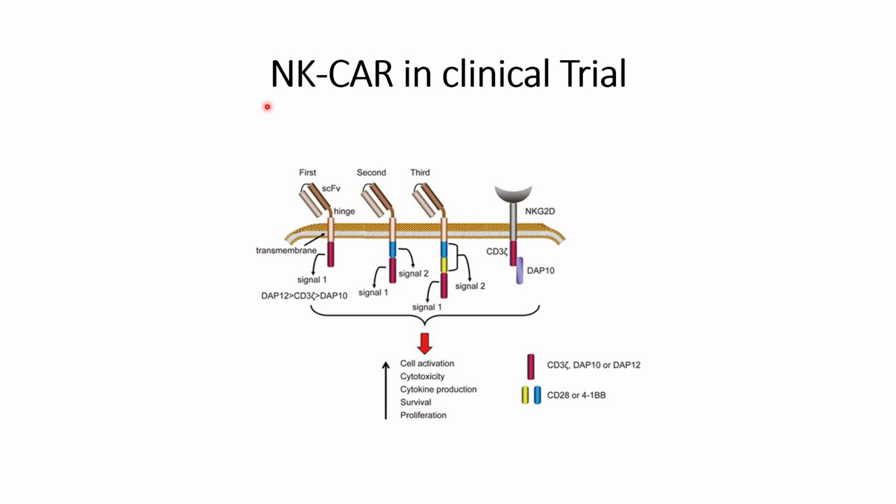The cell line derived xenograft is not able to capture the heterogeneity of the tumors, whereas the patient derived xenograft is the better approach, as it can capture the heterogeneity of the tumors and give us results that are more reliable compared to the cell line derived xenograft. So this is how the NK CARs are being tested before they go to the clinical trial.